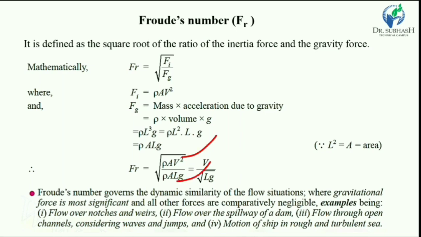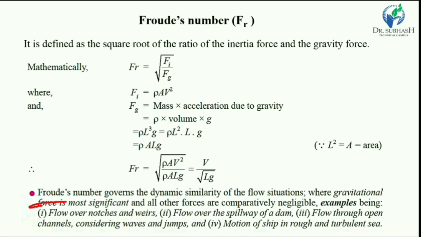Put the equations: inertia force is rho A V square, and gravitational force is rho A L g. So rho and A cancel, and remaining is V square upon L g. Under the square root, this is the equation of Froude's number: V upon square root of L g.